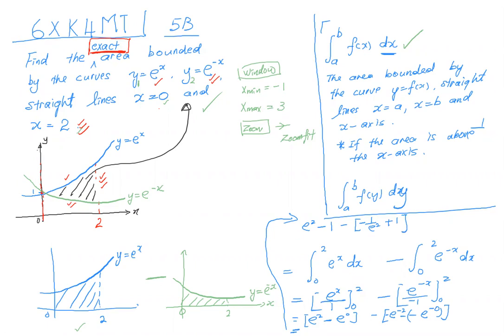So it will be e squared minus 1 plus 1 over e squared minus 1. So final answer, minus 2. So this is the exact value. Clear?